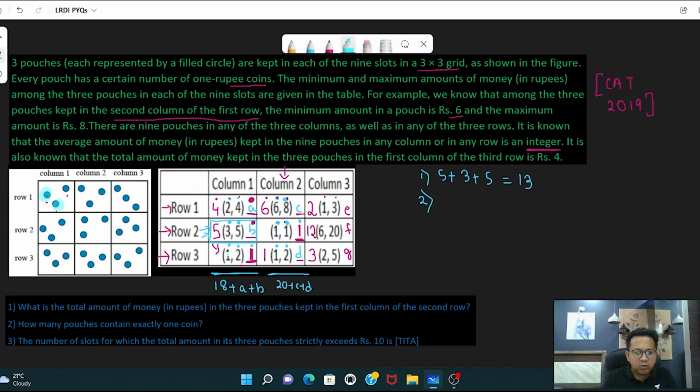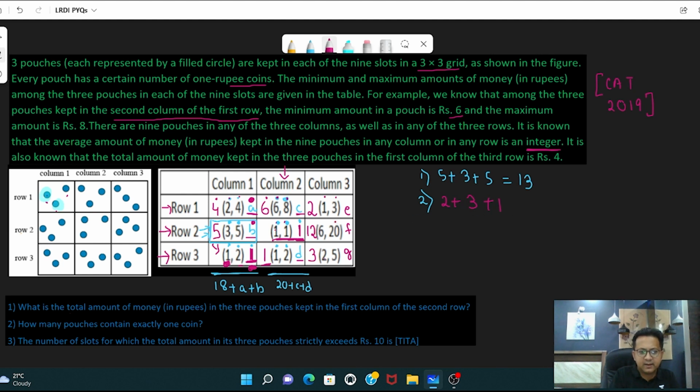Row 3, column 1: you have got 2 ones. There are 2 of them. Column 2, row 2, there are 3 of them. Then column 2, row 3 is 1 plus 1.